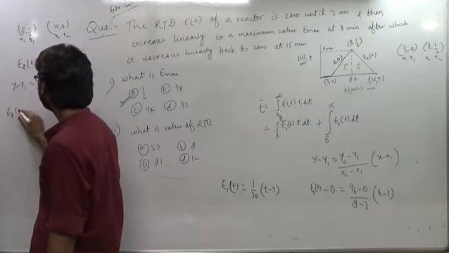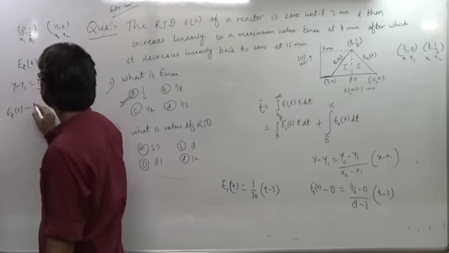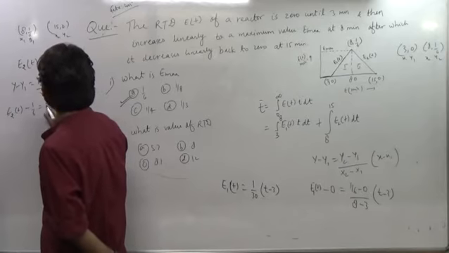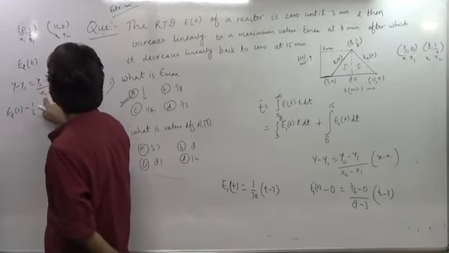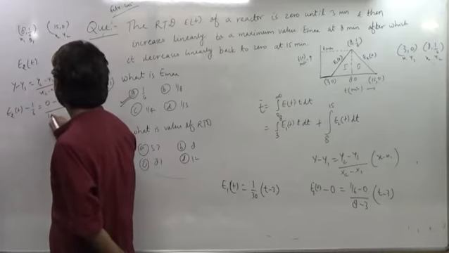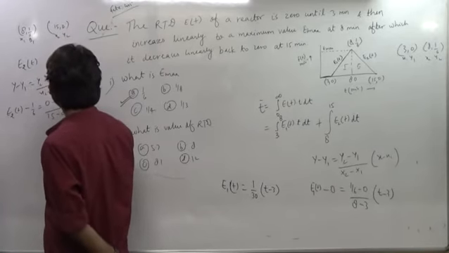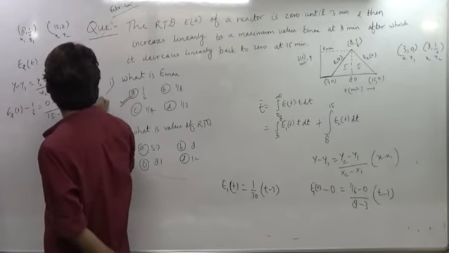So e2(t) minus y1. y1 is how much? 1 by 6, is equal to y2 which is 0 minus y1 which is 1 by 6, divided by x2 which is 15 minus x1 which is 8, times x minus x1. What is the value of x1? That is 8.